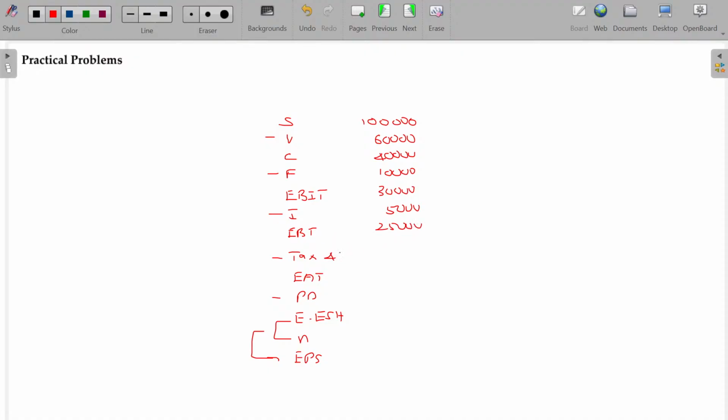The tax rate could be around 40%, that is 10,000, and EAT is 15,000. The relationship between the contribution and EBIT is called operating leverage. And the relationship between the EBIT and EBT is called financial leverage. If you combine these two, you will get combined leverage. Is that clear?